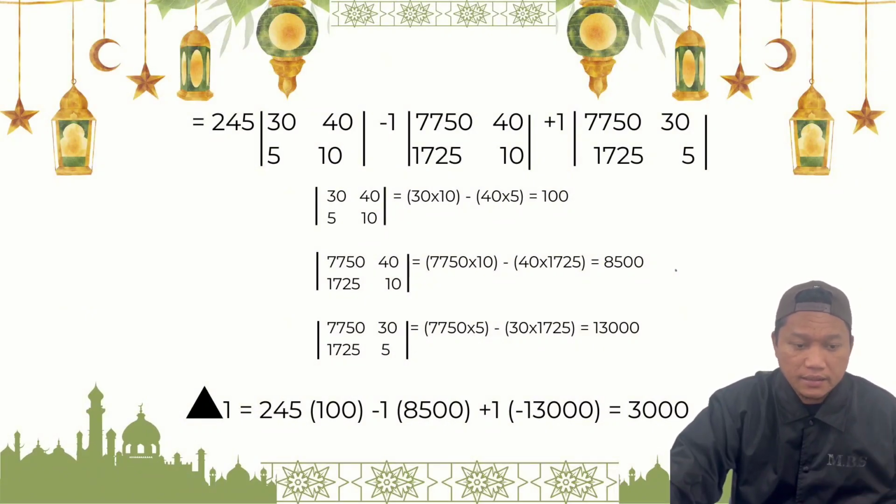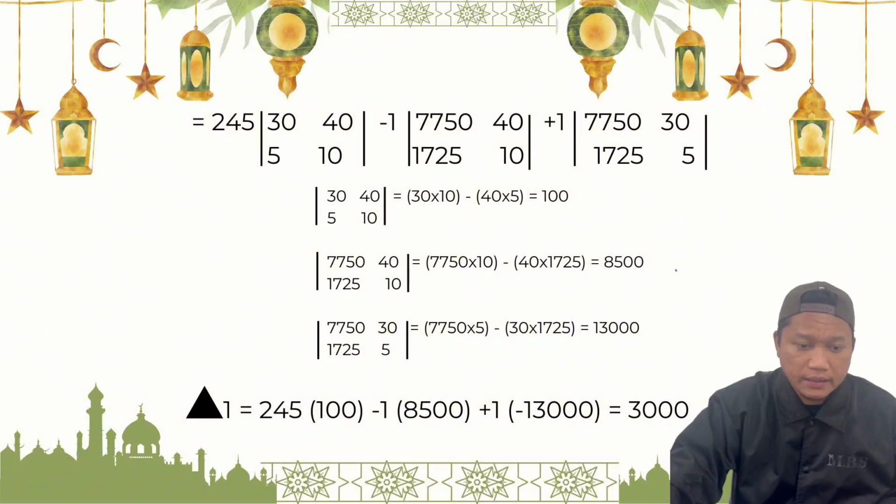Second determinant [7,750, 40; 1,725, 10] equals 7,750 times 10 minus 40 times 1,725, equal to 8,500.